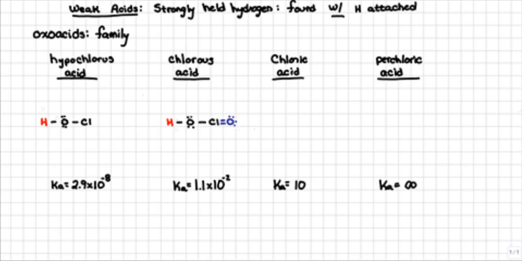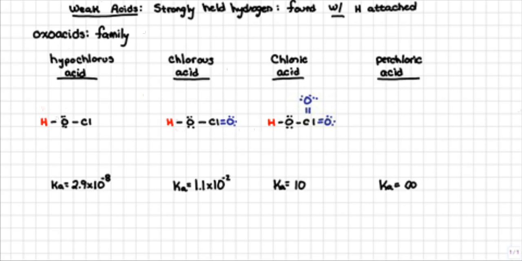Moving on to chloric acid. Chloric acid is also monoprotic. It has a single ionizable hydrogen attached to an oxygen, attached to a chlorine, attached to a doubly bonded oxygen, but just to make things interesting, there is yet another doubly bonded oxygen attached.